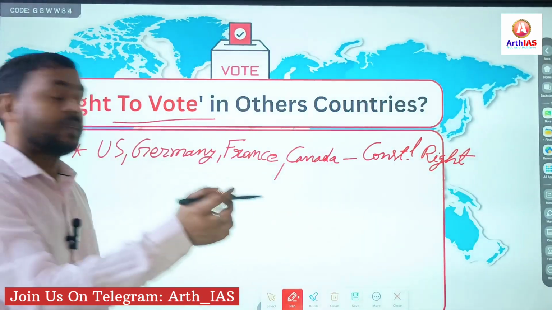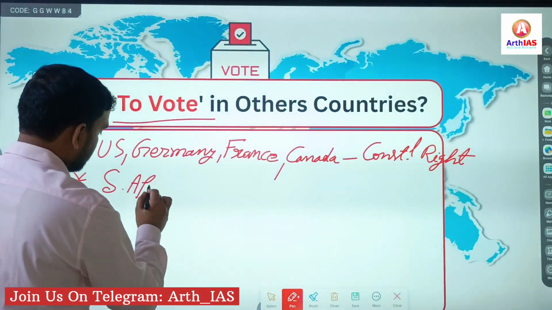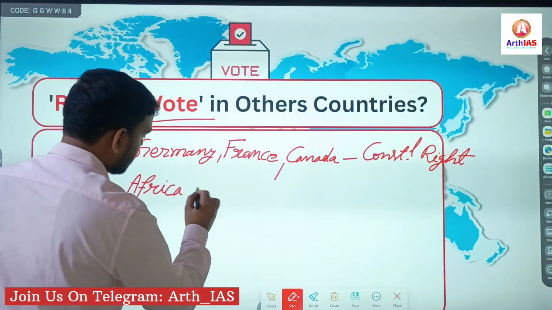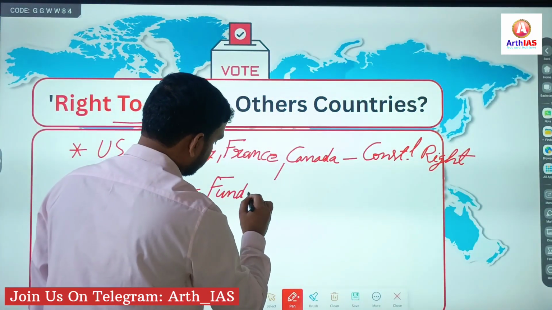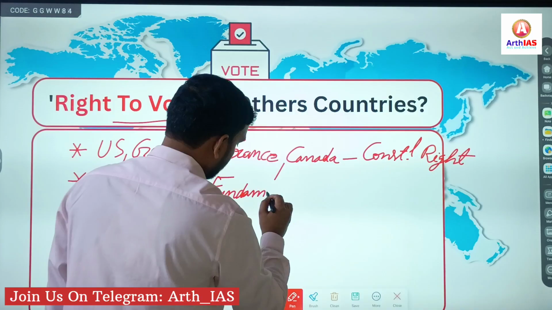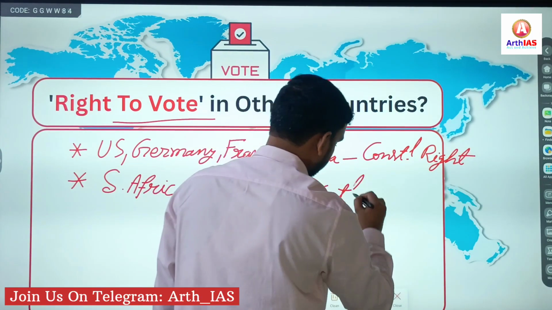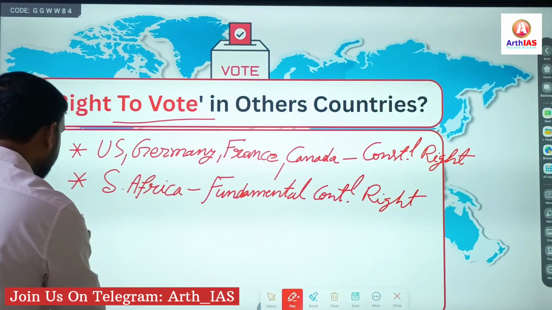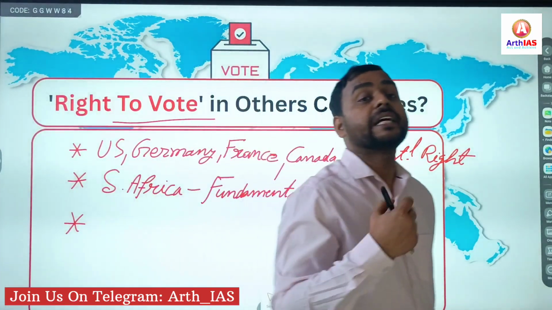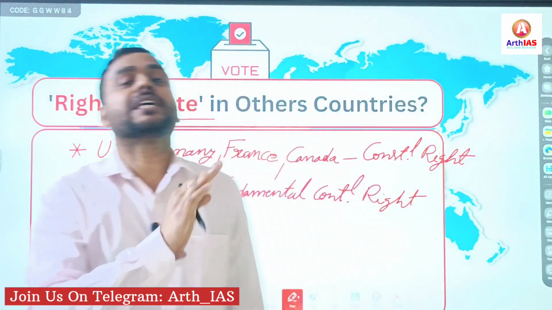Clear? Now, another country like South Africa. In South Africa, the right to vote is a fundamental constitutional right.